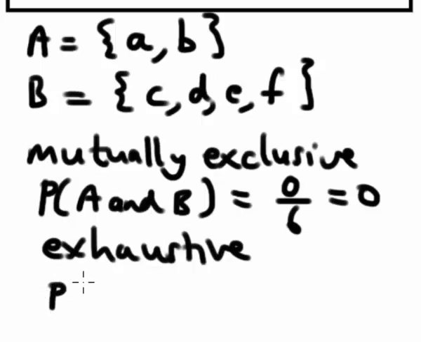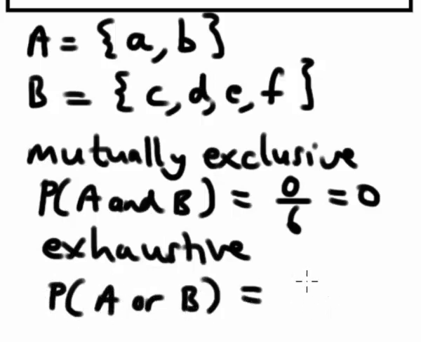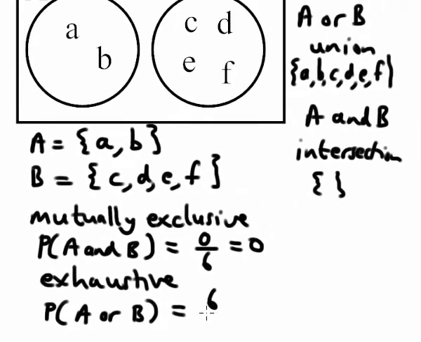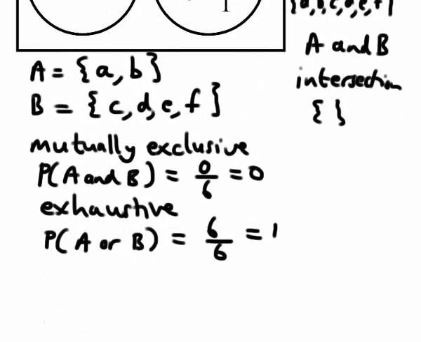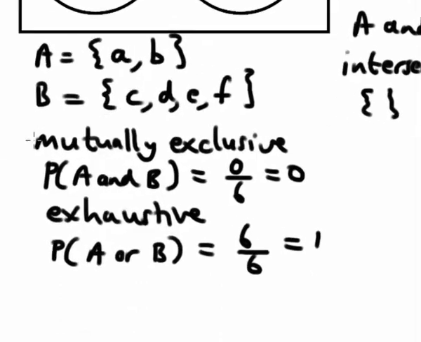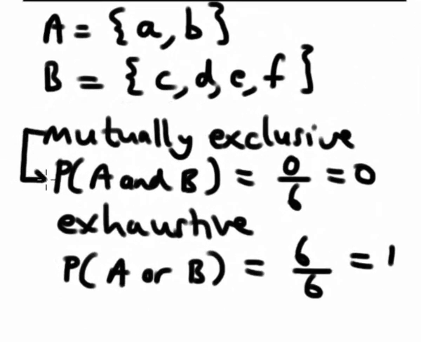So the probability of A or B is 6 elements in the union out of the 6 in the sample space, which gives you 1. So for exhaustive, the probability of A or B is 1. That's very important. Mutually exclusive: the probability of the intersection is 0. Exhaustive: the probability of A or B, the union, is 1.